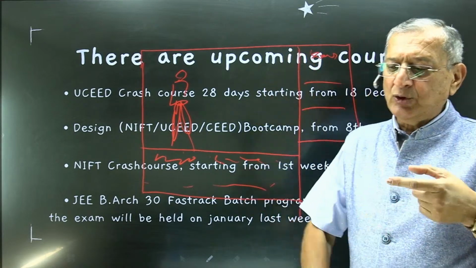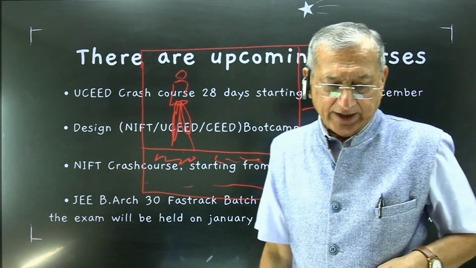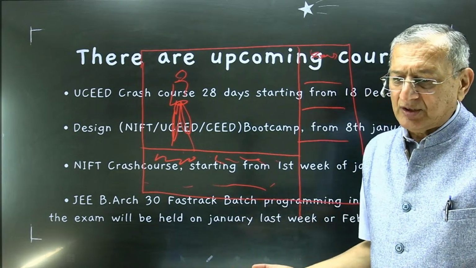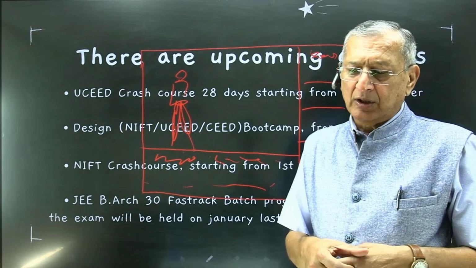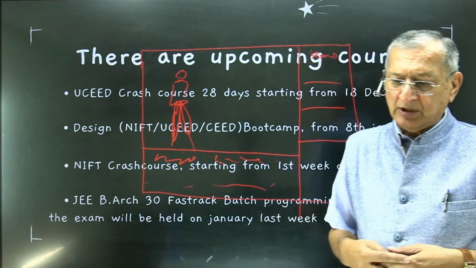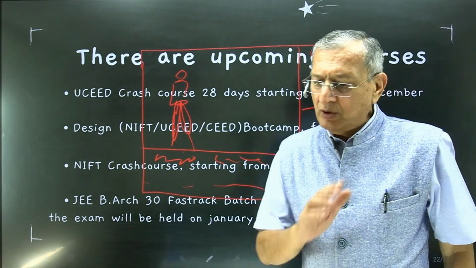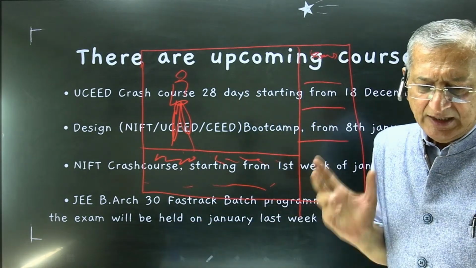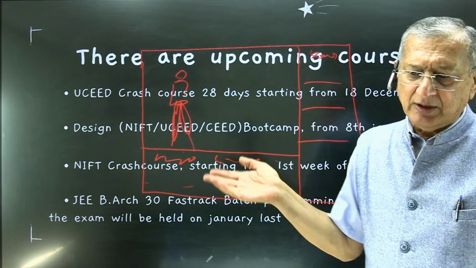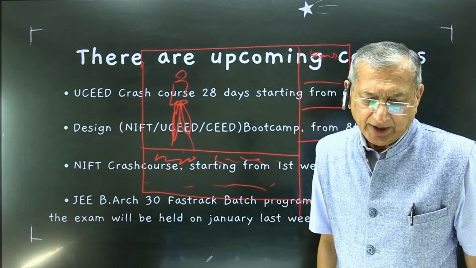Secondly, NID does not ask you to draw all that. If you draw such things in storyboarding or sequential drawing, no need to even shade them. Only a line sketch should be able to depict the material used there.